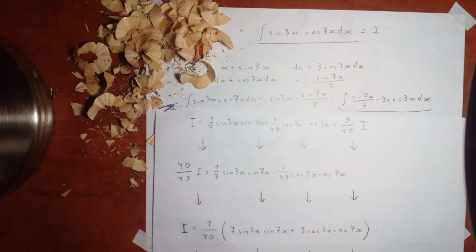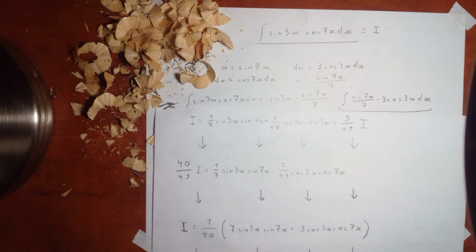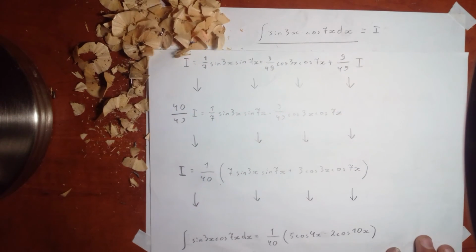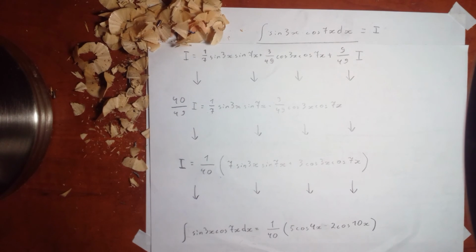And finally, after some rearranging, we get that the integral of sine 3x cosine 7x dx, which is our original integral I, equals 1 over 40 times 5 cosine 4x minus 2 cosine 10x.